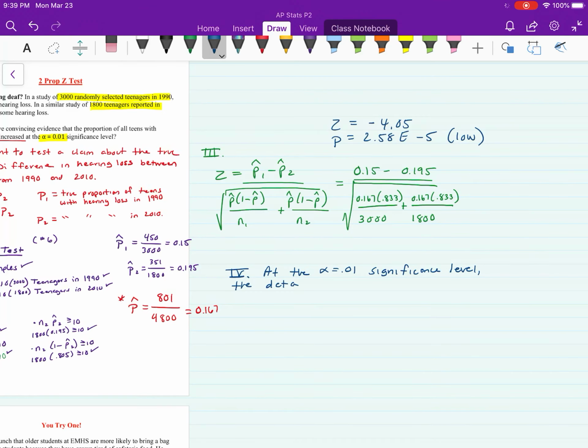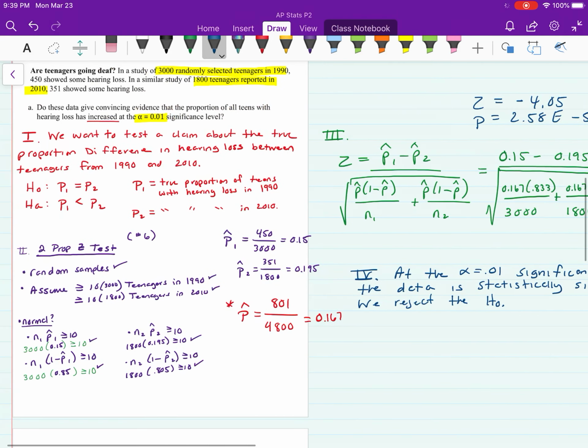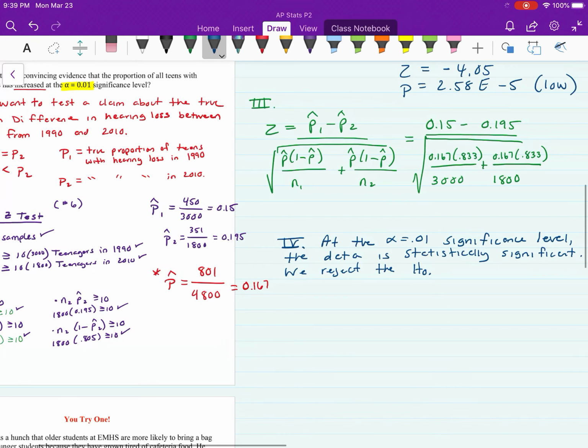Remember, when the p-value is low, we say that it is statistically significant. So we're going to reject the null hypothesis. When p is low, reject the H0. And that means we do have evidence for the Ha.